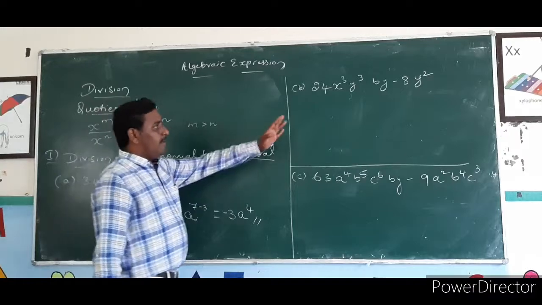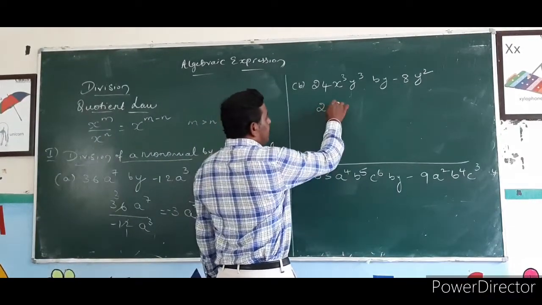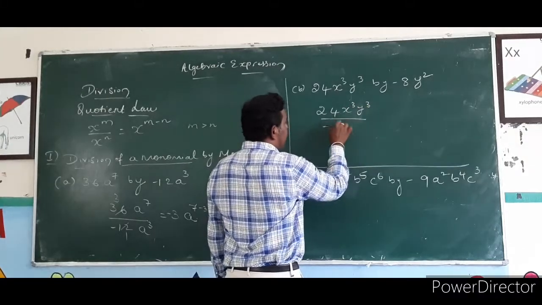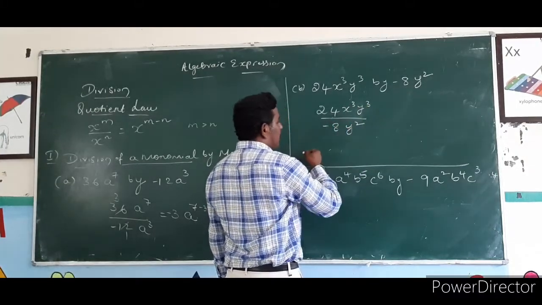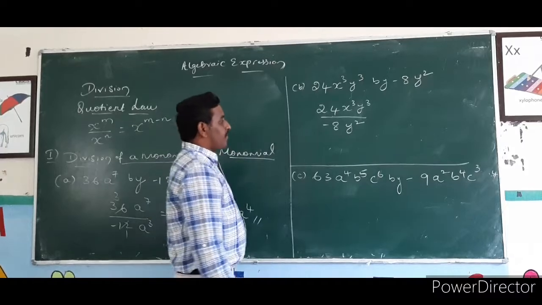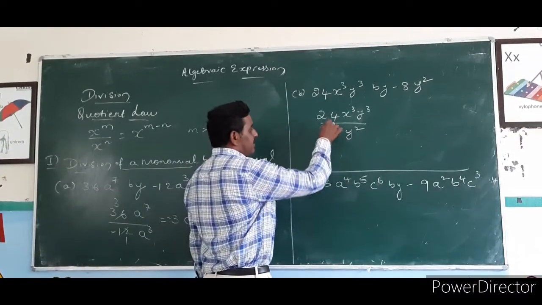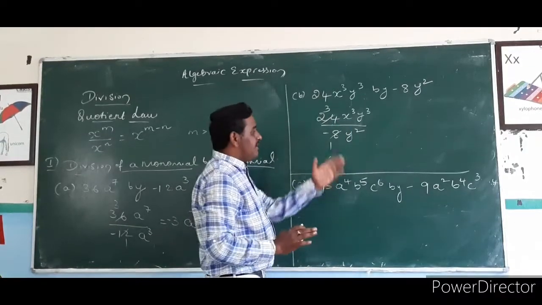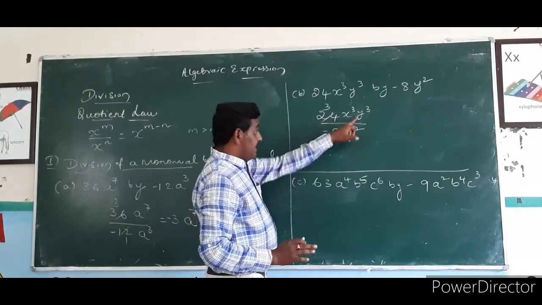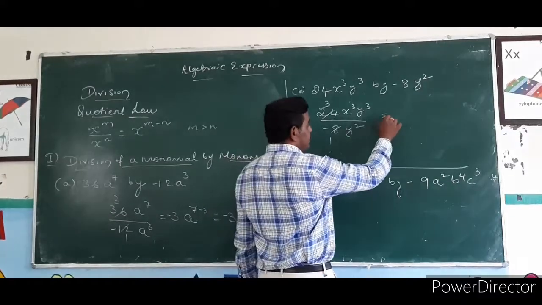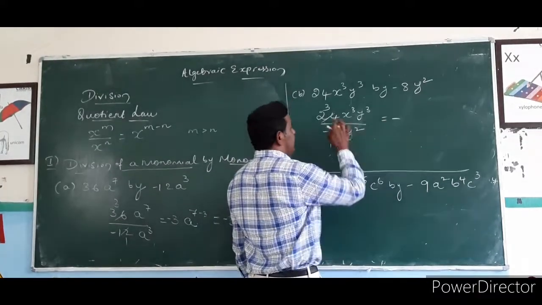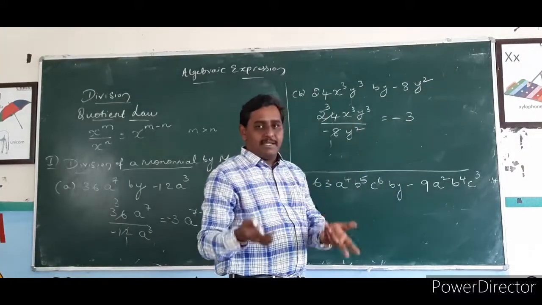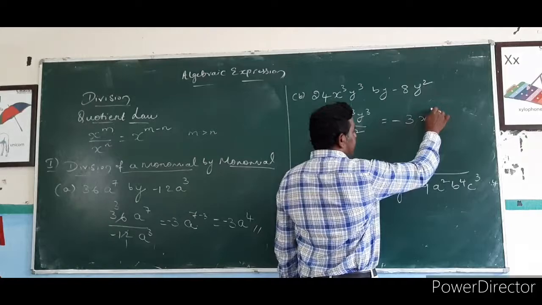In the second problem, 24 x cube y cube divided by minus 8 y square. Here also we can cancel: 8 ones are 8, 8 threes are 24. Here there is no x variable in the denominator, so you can keep x as it is.